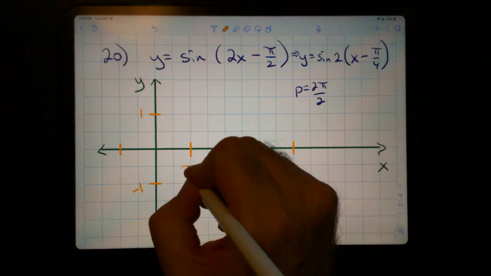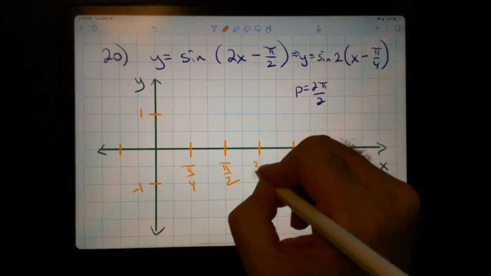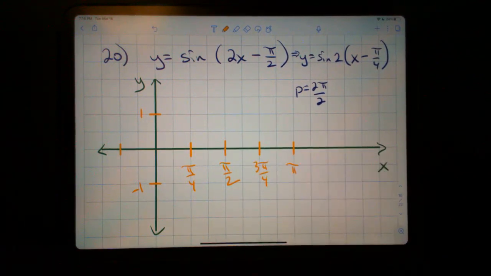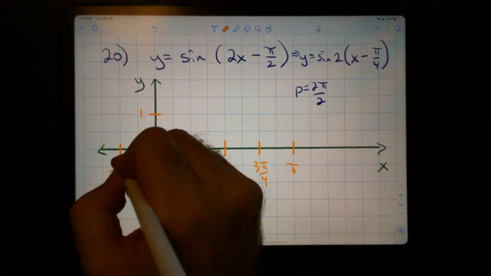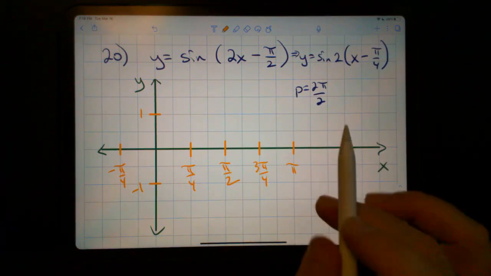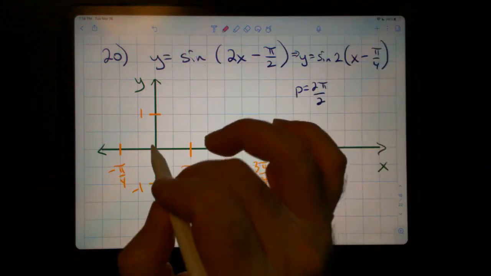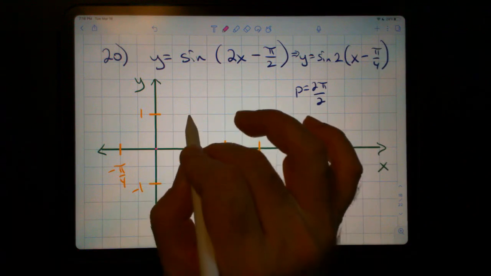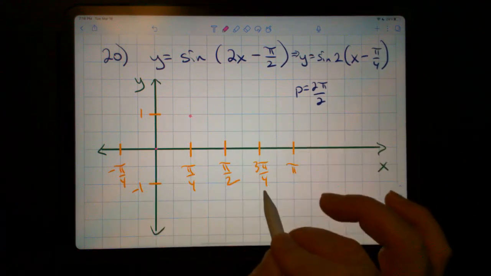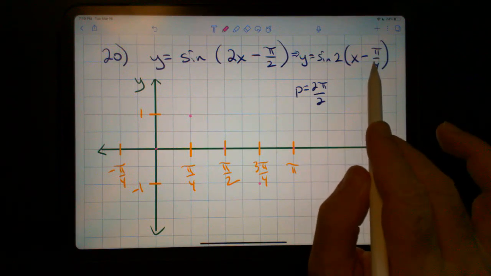That tells us this will be pi over 4, 2 pi over 4, 3 pi over 4, and if you like, this will be negative pi over 4. Our sine function normally would go through these points here, but I'm shifting to the right pi over 4 units.